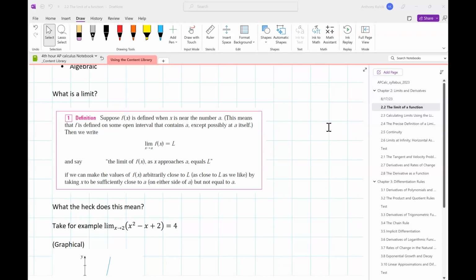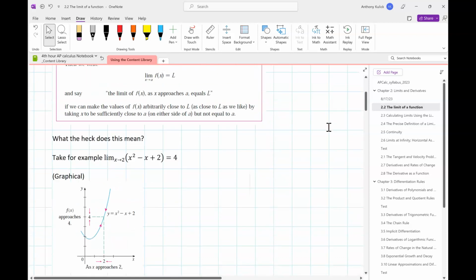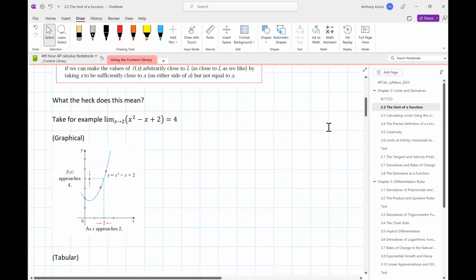So let's look at this example. It says the limit as x approaches 2 of the function x squared minus 2x plus 2 is equal to 4. So here I've drawn the graph of x squared minus x plus 2 in blue. I've placed the value x equals 2.